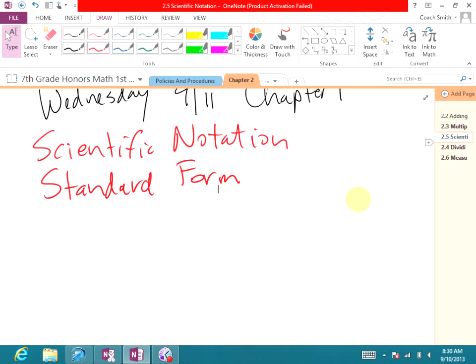Let's remember what scientific notation looks like. It's going to look like that right there, 1.6 times 10 to the 12th power. Scientific notation is a way to express very large numbers in a smaller, easier way to manipulate them.